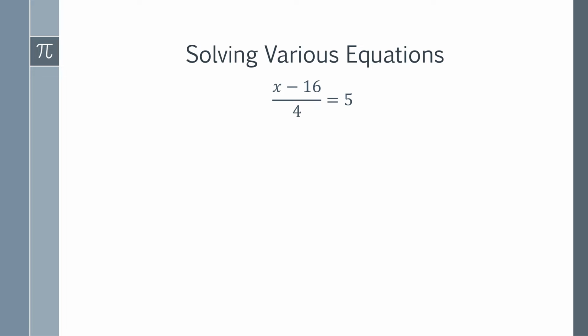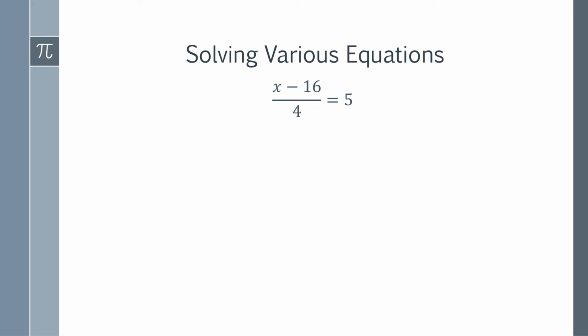So look, you've got x minus 16 over 4 equals 5. Unfortunately, I know for a fact many of you want to do something with that negative 16 and move it to both sides. You cannot do that because it's part of the division problem, x minus 16 over 4. And you have to get rid of that division problem.